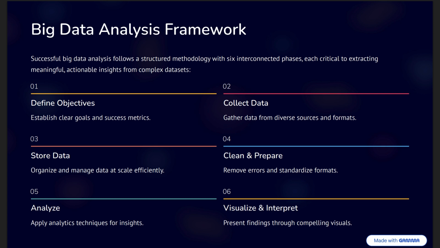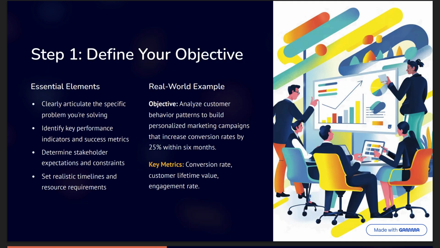The six steps are: define objectives, identify what exactly you want to achieve, collect data, gather the right data from reliable sources, then store and organize data efficiently, then clean data, remove errors and make data ready for analysis, apply suitable analysis techniques to draw insights, and then present the results in an understandable and visual format. Each phase is essential, and skipping any of them can reduce the accuracy and reliability of the final conclusions.